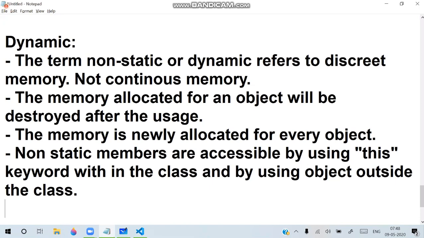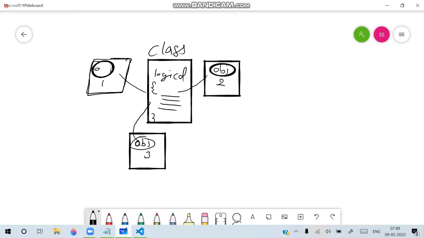But a non-static member, within the class, you can access by using the this keyword, and outside the class, you can access by using an object of that particular class. Let's prove this point, and practically we will see that.